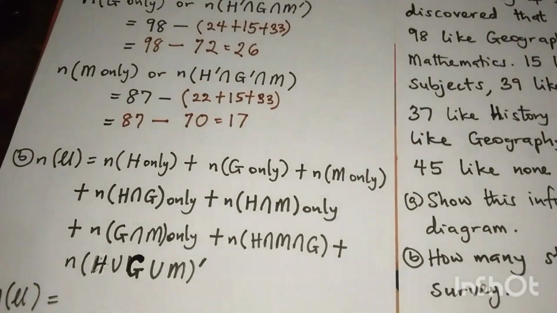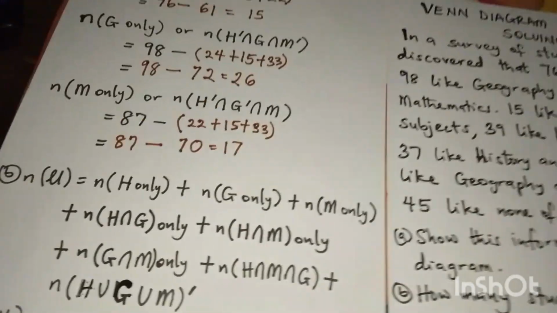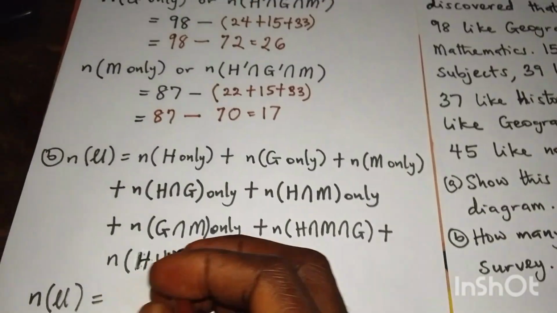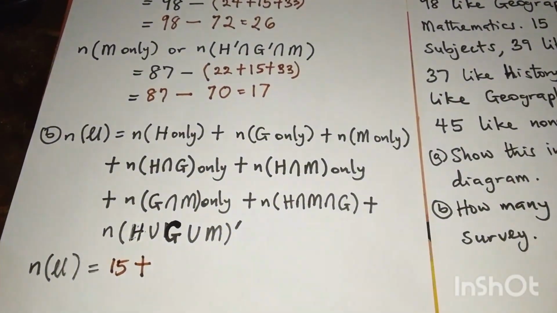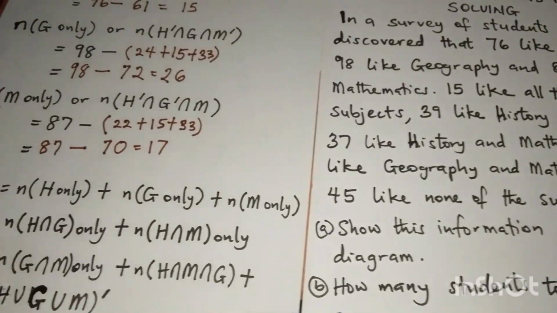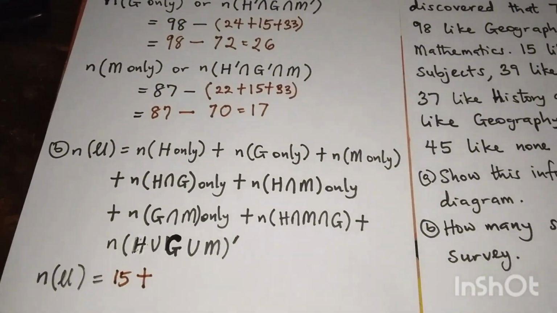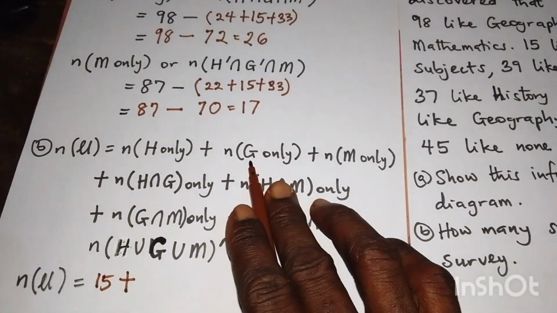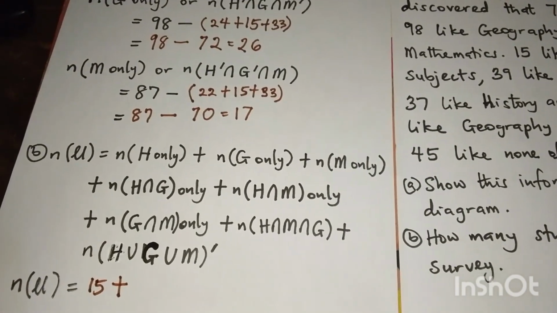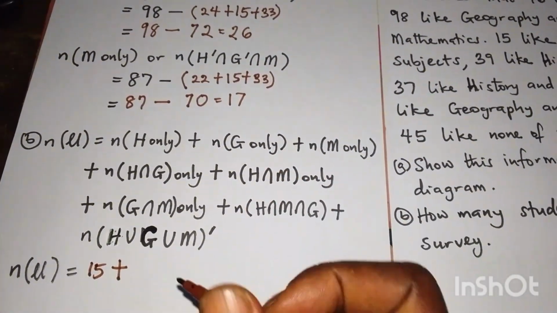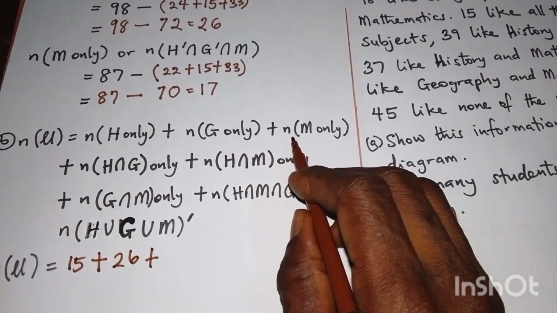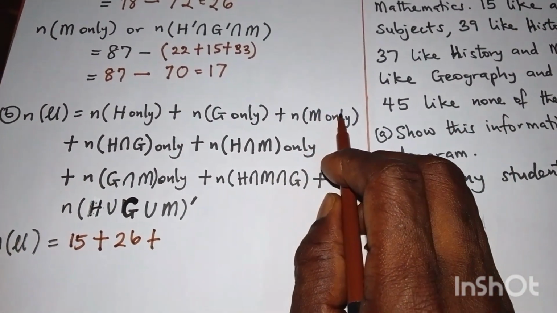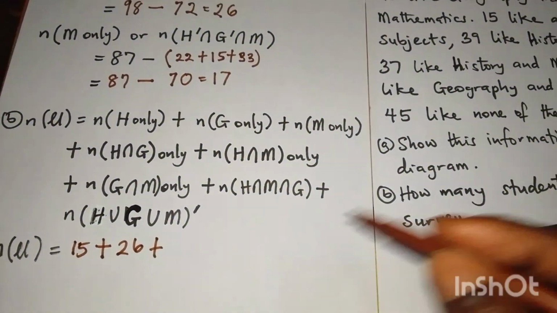So 15 students like only history. So 15 plus 24 students like history and geography only. Sorry, 26 students like geography only. So plus 26 plus those that like only mathematics, we having 17.